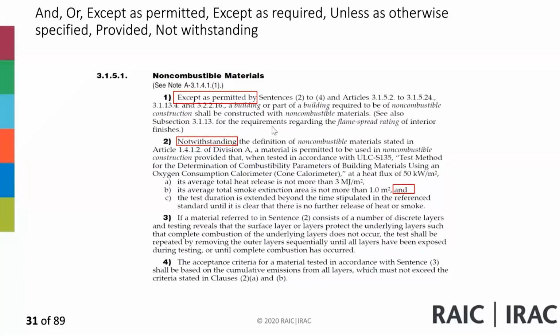So what this tells us is that a building, or a part of a building, required to be of non-combustible construction must be constructed of non-combustible materials. And you see the term non-combustible is a defined term. Why is it a defined term, non-combustible? Somebody?